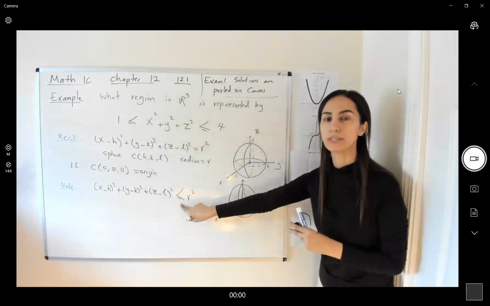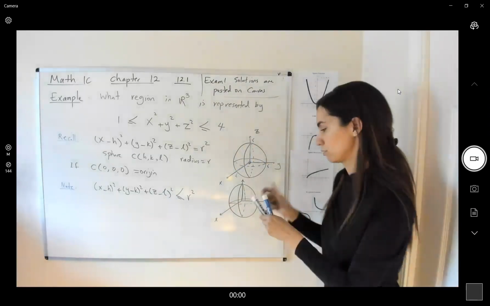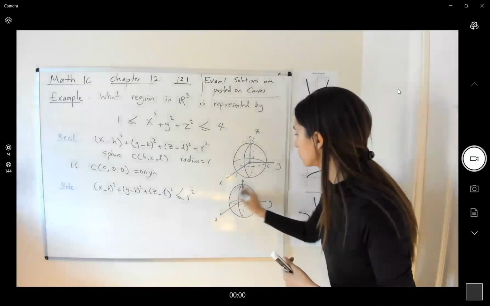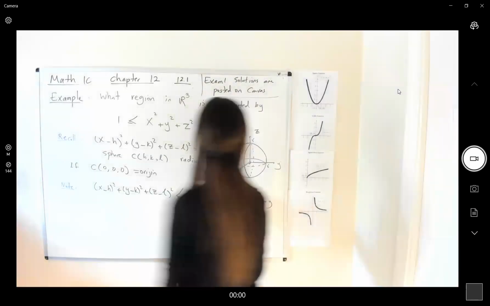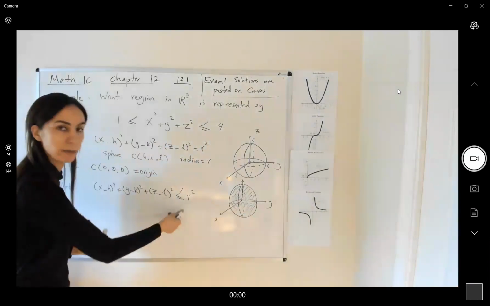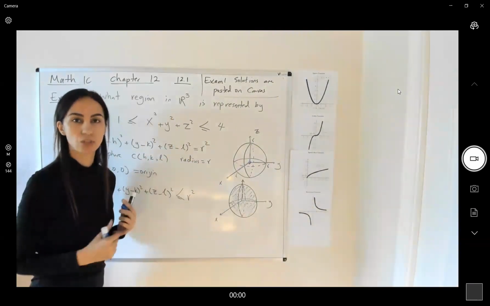And all points, all values inside the sphere. So you shade all of these points inside the sphere. If I flip this inequality, I'm talking about all points outside the sphere.